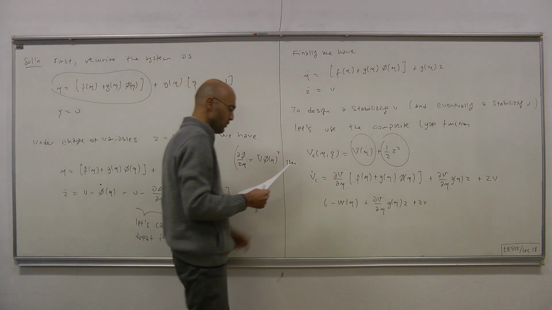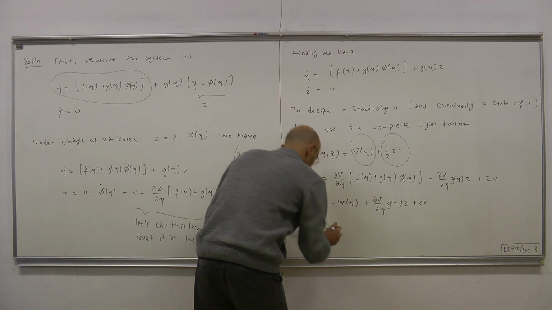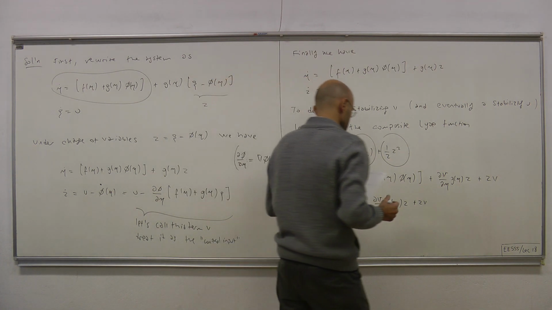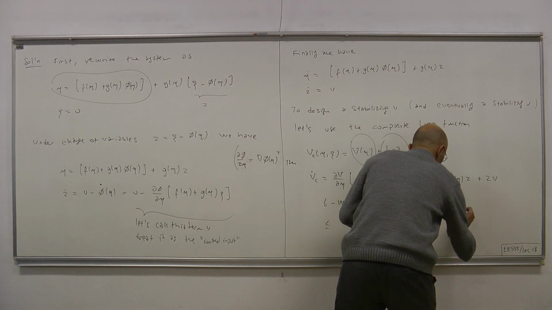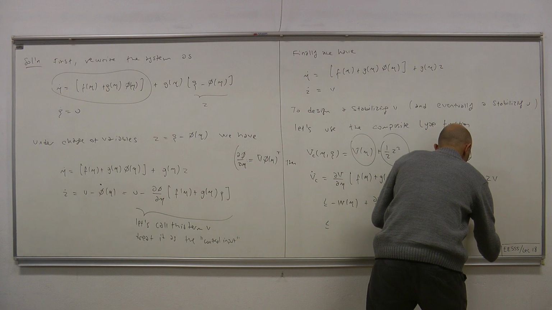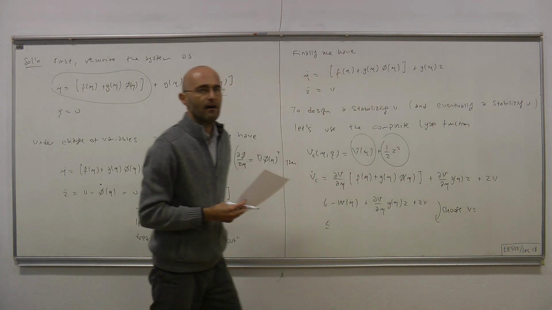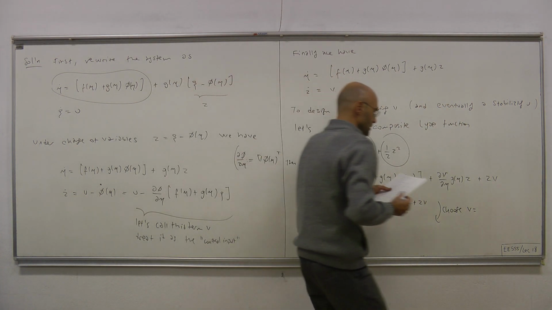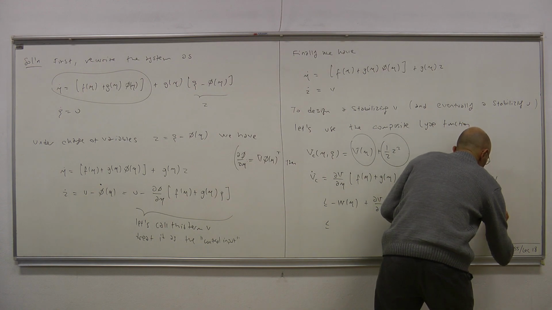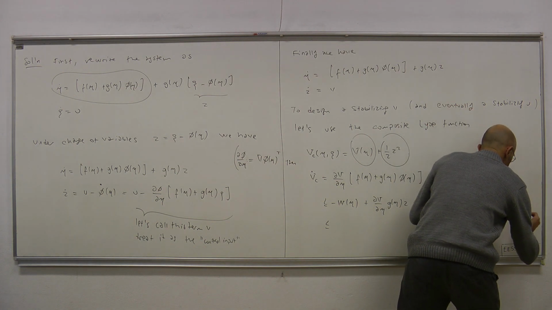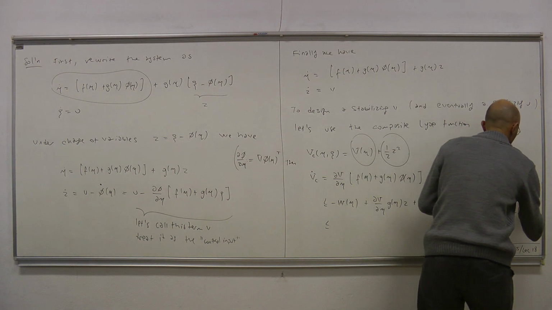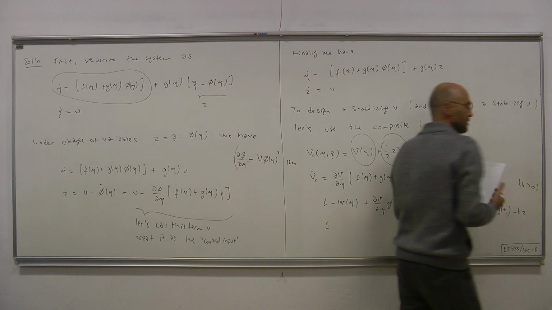Okay, and one way to do that is to choose V, our control input, equal to minus Kz, where K is a positive constant.